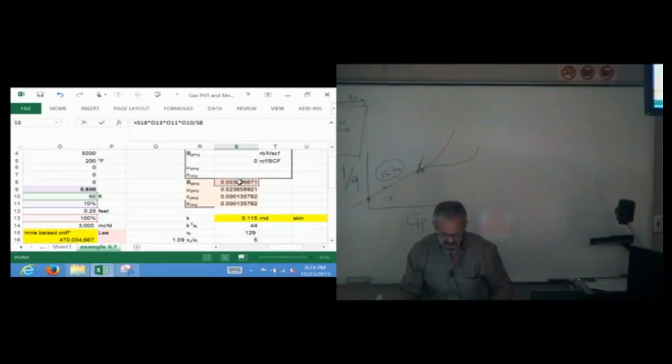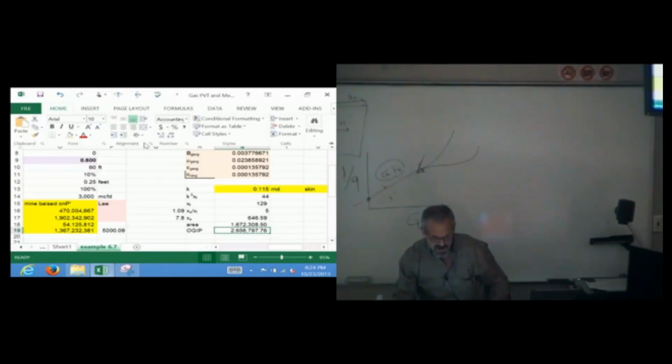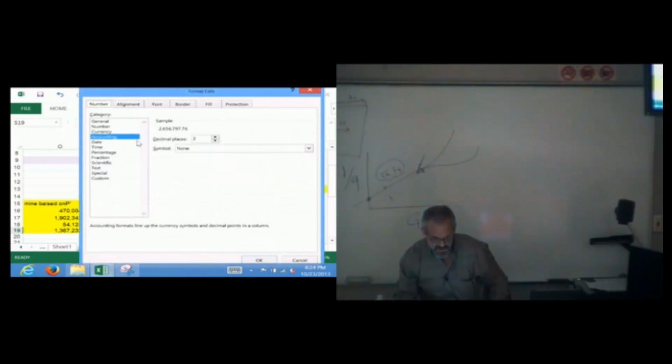Am I missing anything? That'll give it to me in standard cubic feet. Let's divide it by 1,000, because the minimum unit we ever use is MCF. Seems like I made a mistake here.